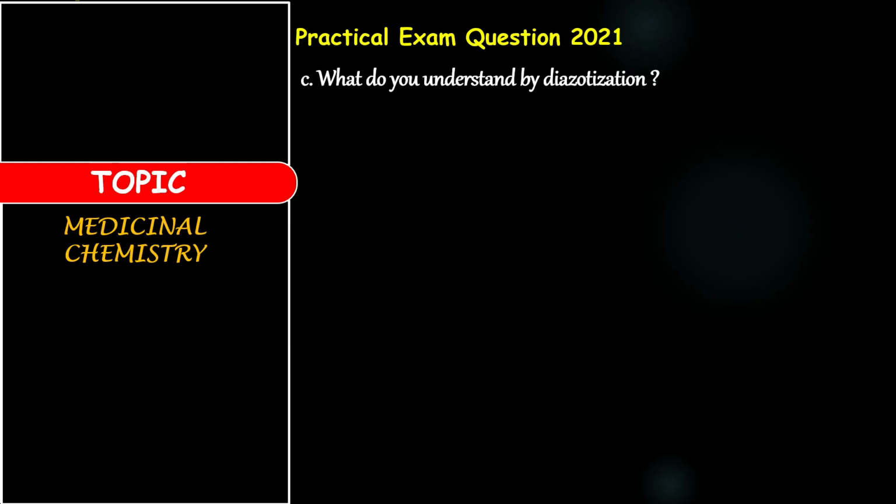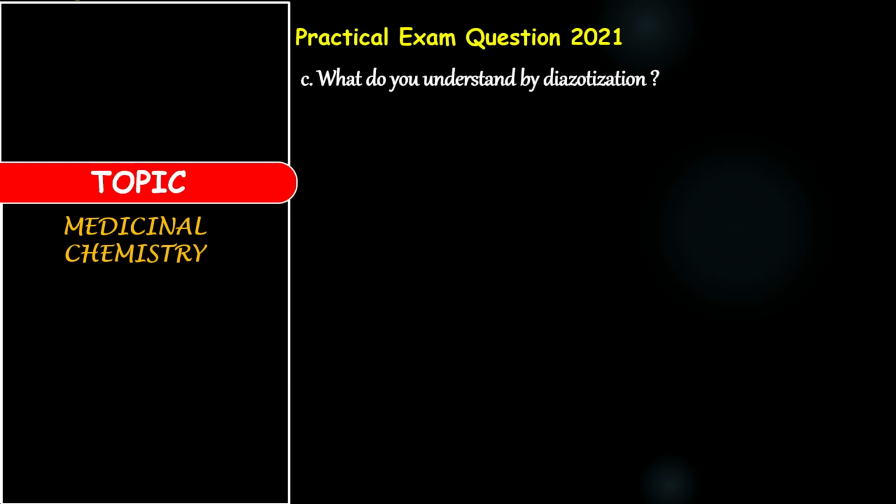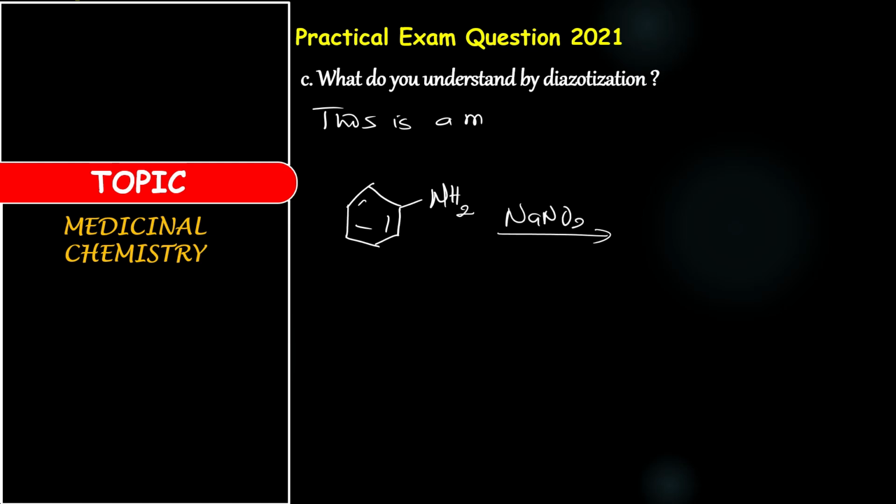Now the next question is, what is diazotization? Diazotization is a method of converting aromatic amine into their diazonium salts by reaction with sodium nitrite and HCl.